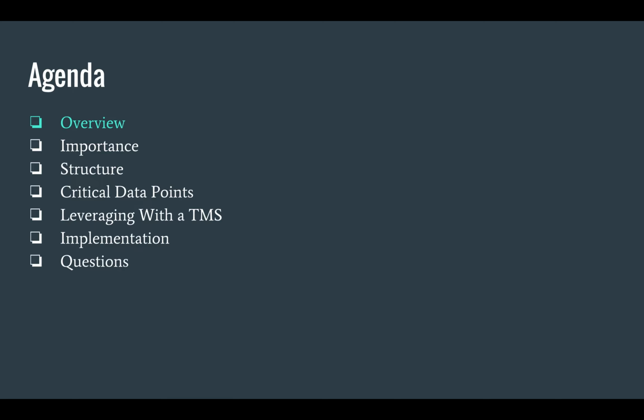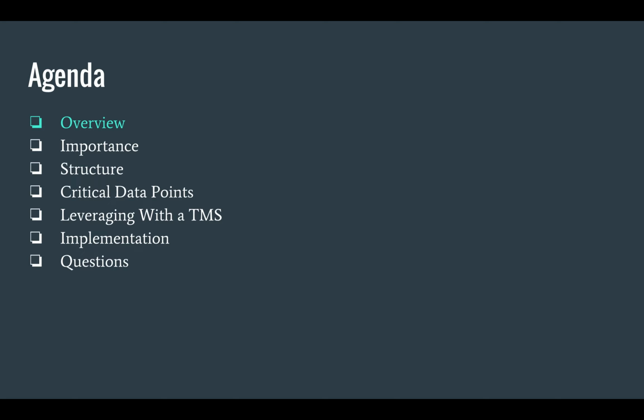For our agenda today, a quick overview of what the data layer is, how it works, what it looks like. We'll get into a little bit of the importance, so why you should be really leveraging this and have a data layer really built out on your site. We'll go through the structure of the data layer, what that should look like, some of the critical data points.